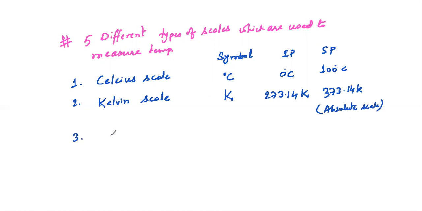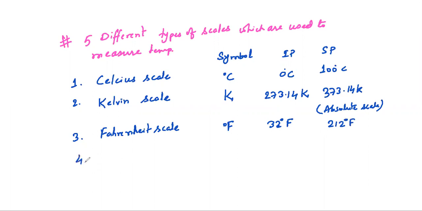The third one is Fahrenheit scale. The symbol is degree Fahrenheit, and the ice point is 32 degree Fahrenheit. The steam point for this is 212 degree.